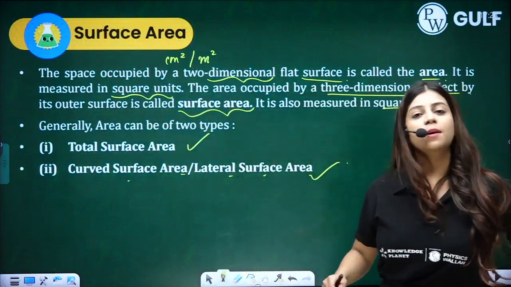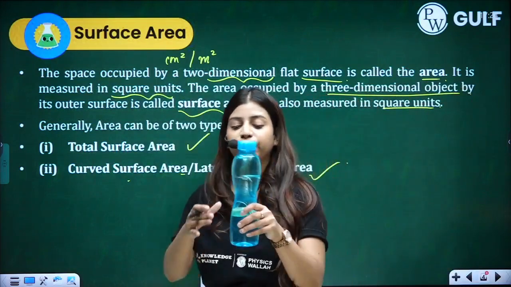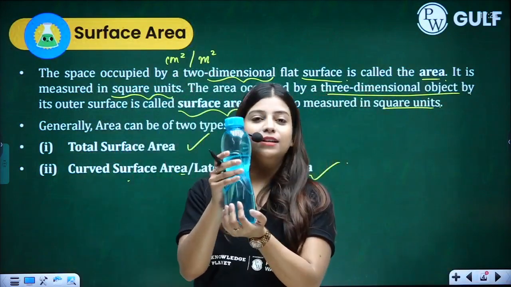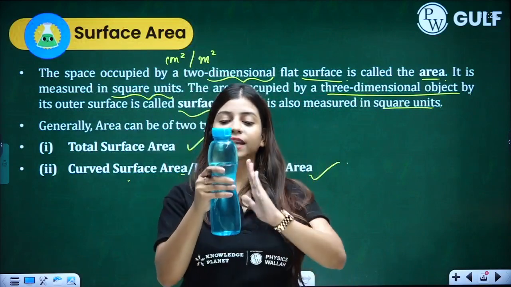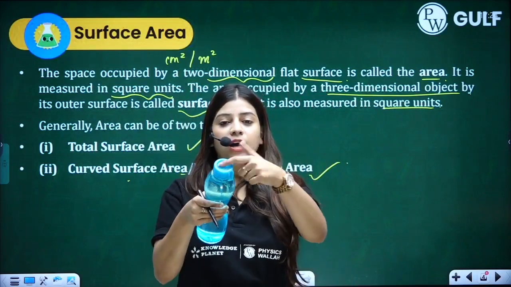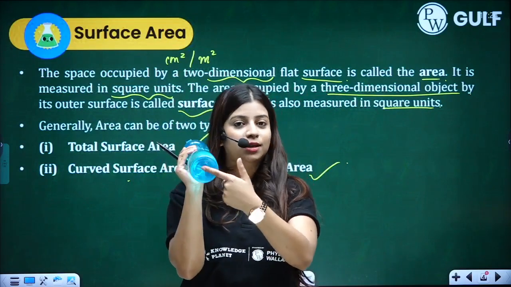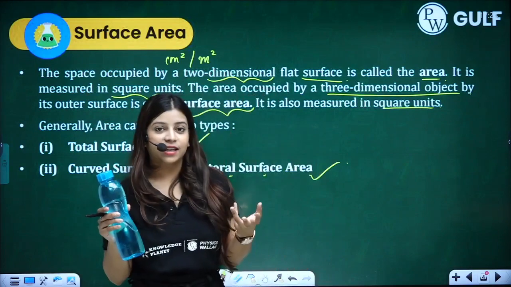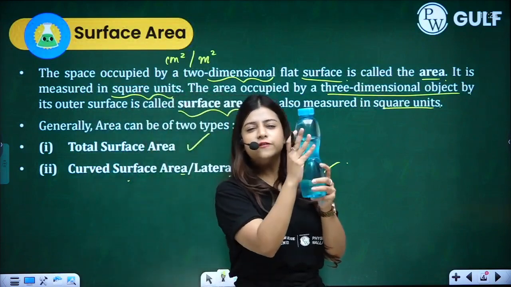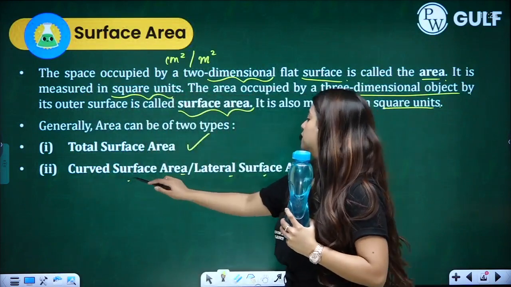Now when we talk about figures such as cylinder and sphere, for example, this is a cylinder, right? When we talk about the total surface area, it means this curved part, this top and this bottom of the cylinder too. But whenever the figure has a curved surface, we take the curved surface area.